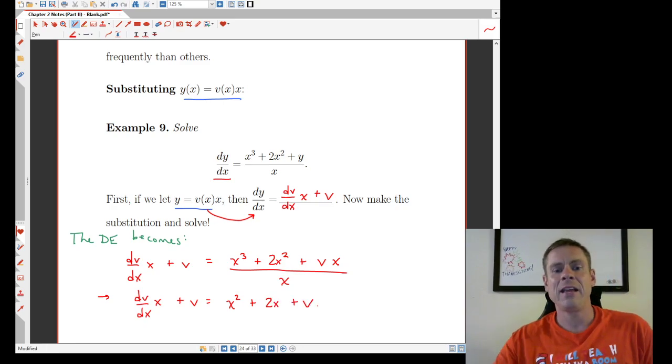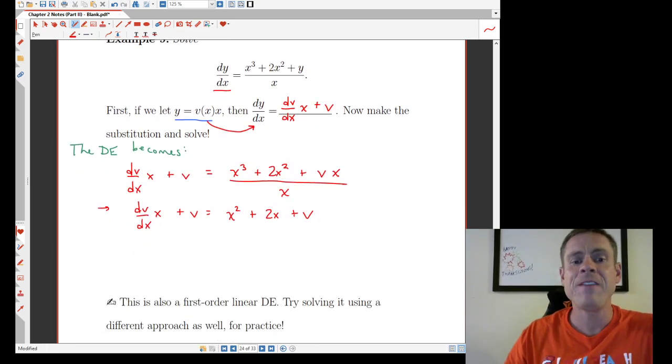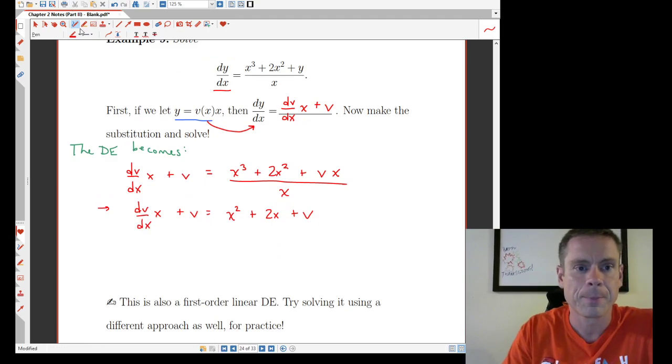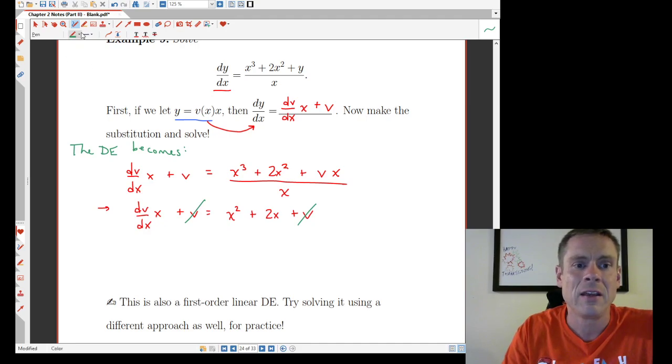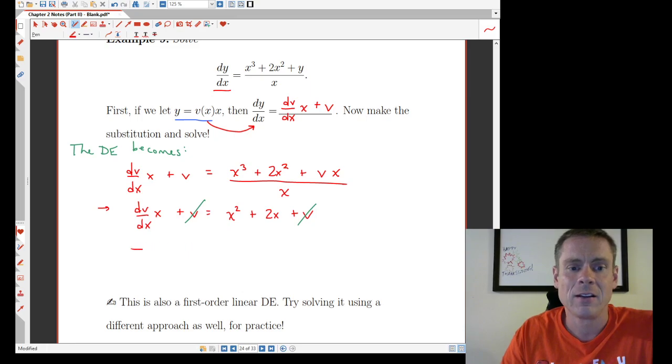And then, hey, look at this magic. I have a v on both sides, and so that's going to cancel. That's nice. And then I have dv/dx times x equals x squared plus 2x. And believe it or not, I can divide off the x. So I get dv/dx equals x plus 2.